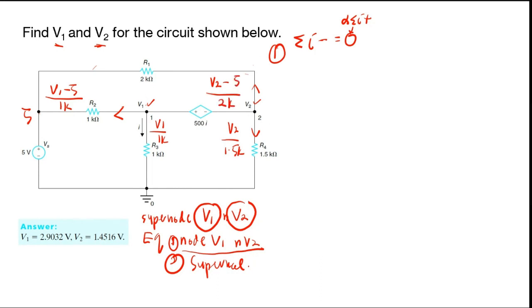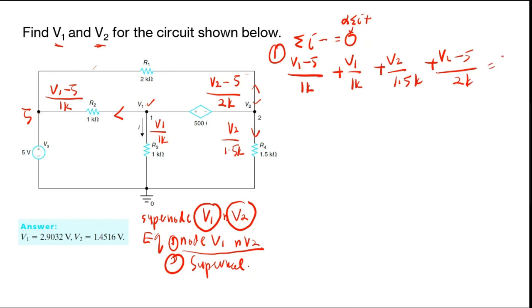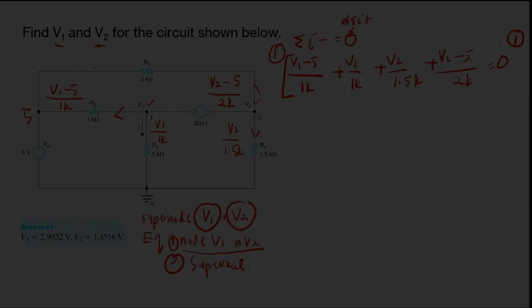So for this, you will have 4 terms. You just put it into this equation: V1 minus 5 over 1K plus V1 over 1K plus V2 over 1.5K plus V2 minus 5 over 2K equal to 0. So this is your first equation. For this equation, you might simplify.